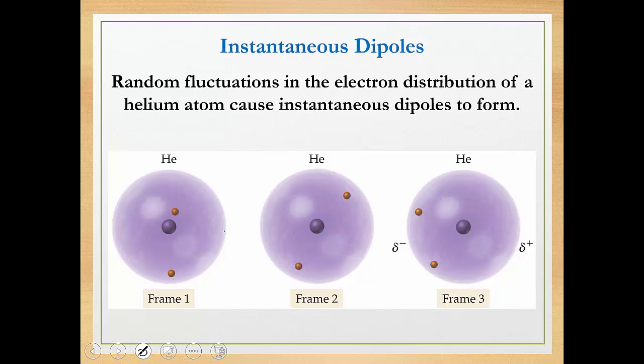If you look at the figure here, for instance, an atom of helium has 2 electrons. In the first frame, you can see one placement for the electrons. In frame number 2, if we took a snapshot at some other time, you might see that distribution of electrons. And in frame 3, the electrons have temporarily displaced themselves to the same area of that shell around the nucleus.